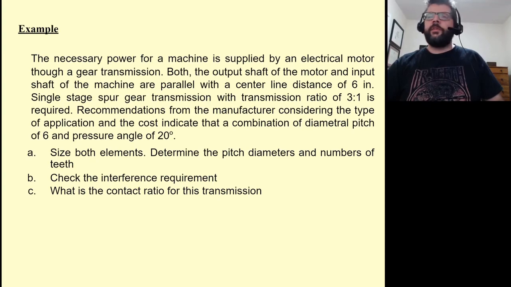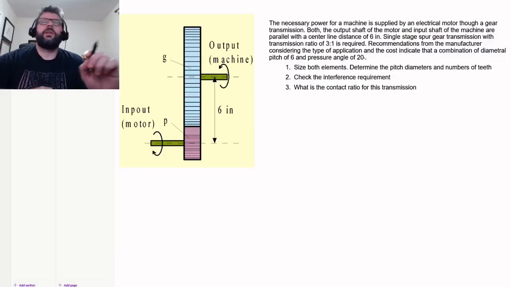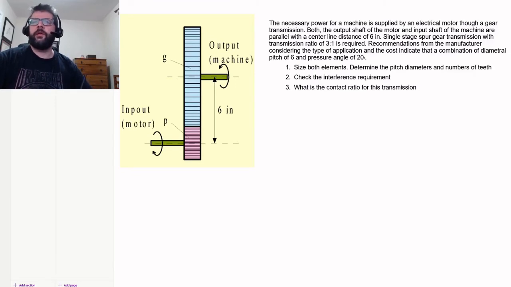So let's go through an example. We've got an electrical motor supplying the input here, and the output coming out here. These shafts are parallel to one another, and we have a center line distance of 6 inches. C is equal to 6 inches.